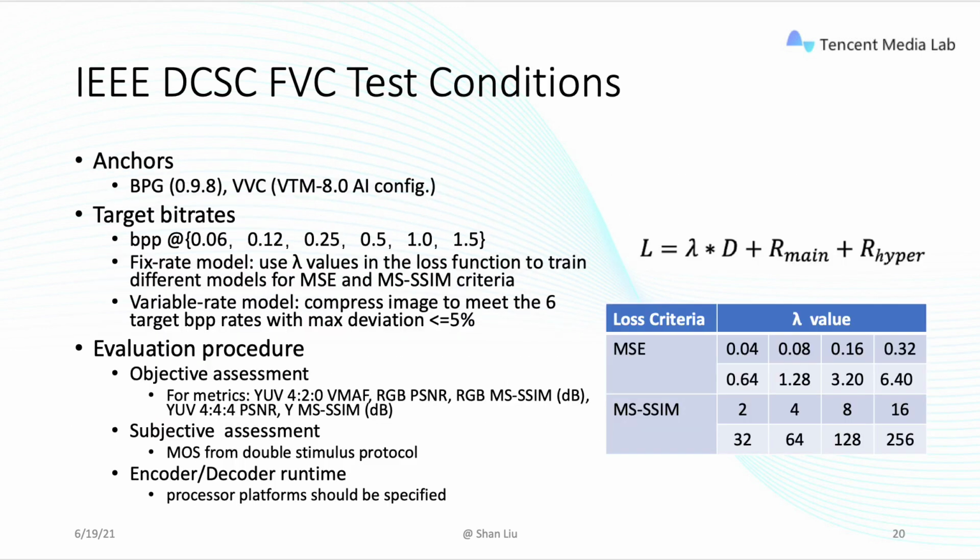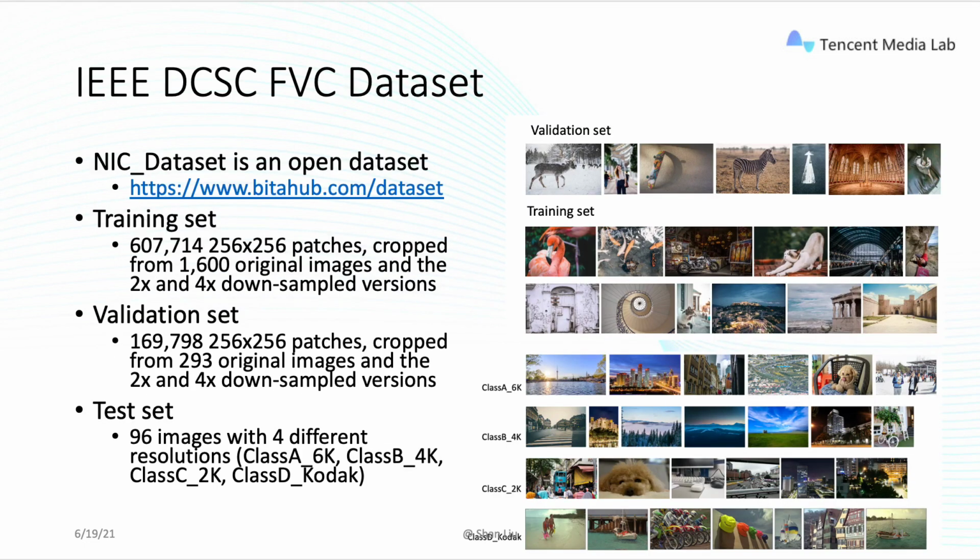This slide shows the FVC test conditions, and due to the time limit, I will skip the details, and you could find more information in related literature. Also you may contact me or the related standard group if you are interested in collecting more information.